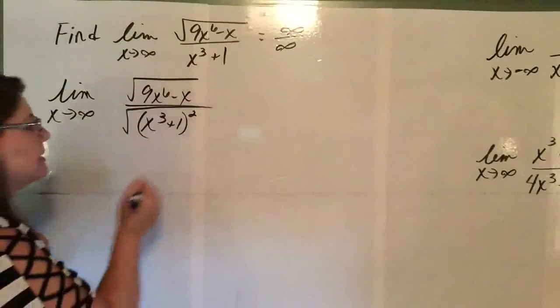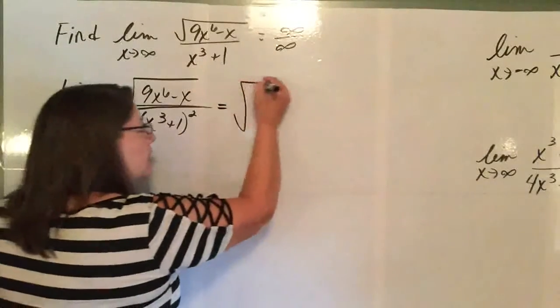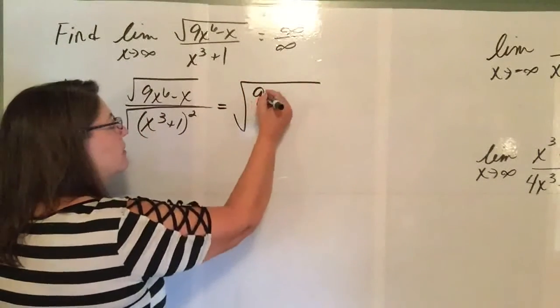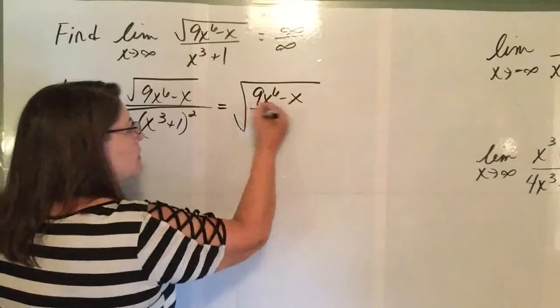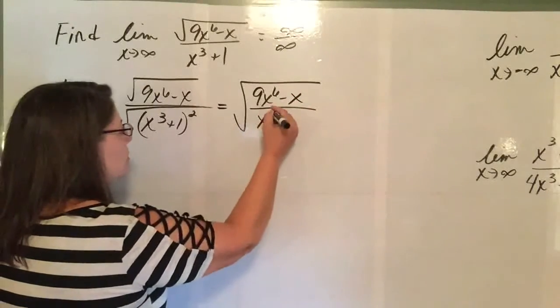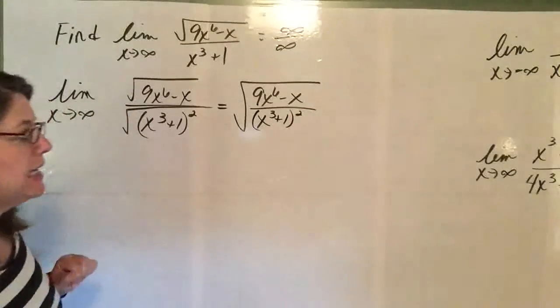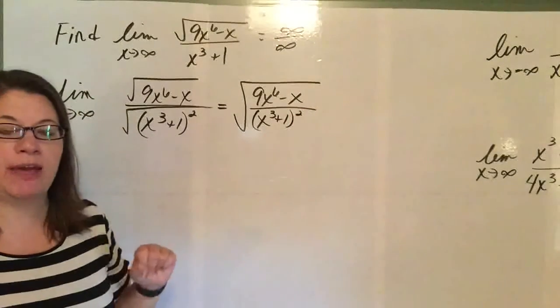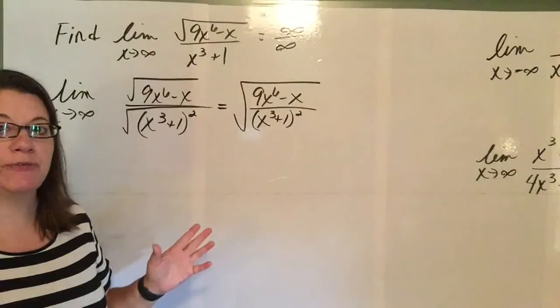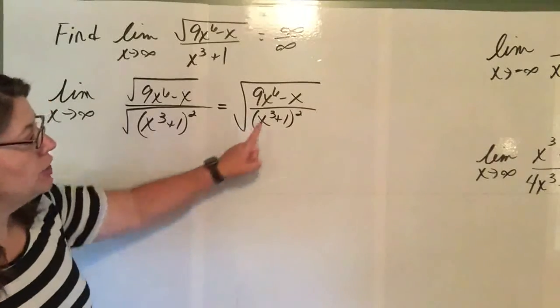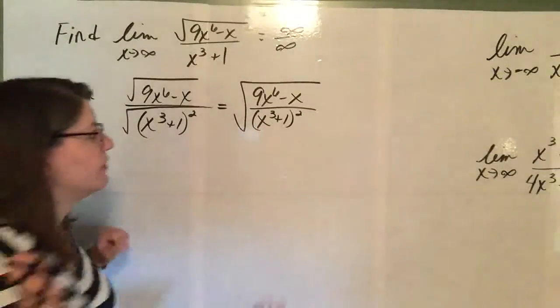Now that I've done that, isn't that the same thing as having that entire fraction underneath the square root? We haven't done anything that changes the value of that fraction. We've just made it look different. Now, couldn't I FOIL this?